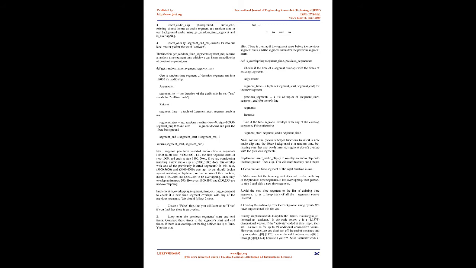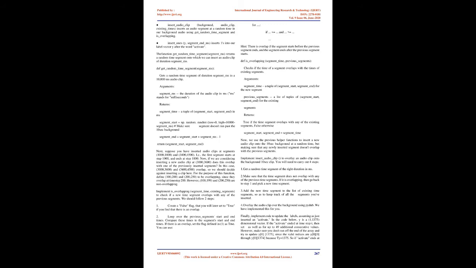def get_random_time_segment(segment_ms): Gets a random time segment of duration segment_ms in a 10,000 millisecond audio clip. Arguments: segment_ms, the duration of the audio clip in ms, where ms stands for milliseconds.